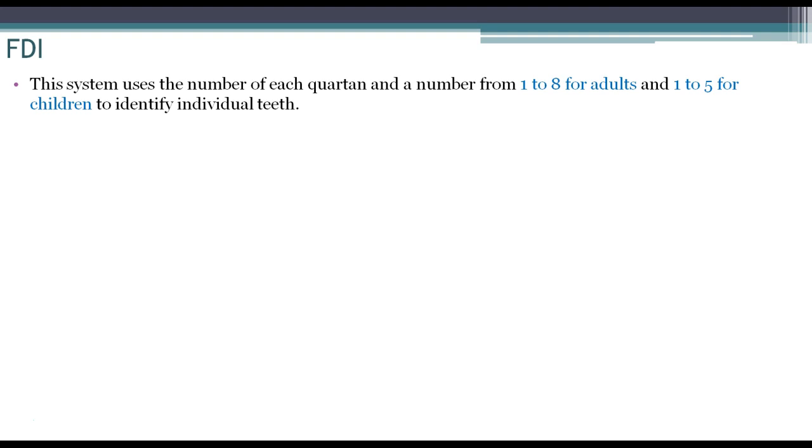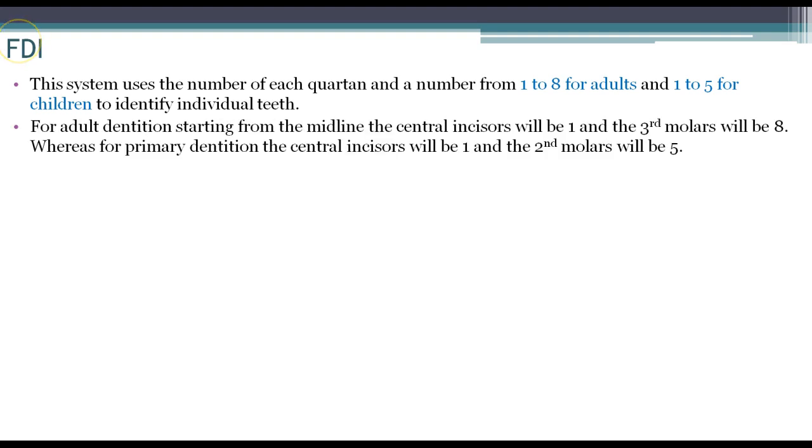This system uses the number of each quadrant and a number from 1 to 8 for adults and a number from 1 to 5 for children. Now, this is the first system that we've seen on this channel that shows adults and children both having numbers as their labels for teeth. In the past two that we've reviewed, adults had numbers and children had letters.